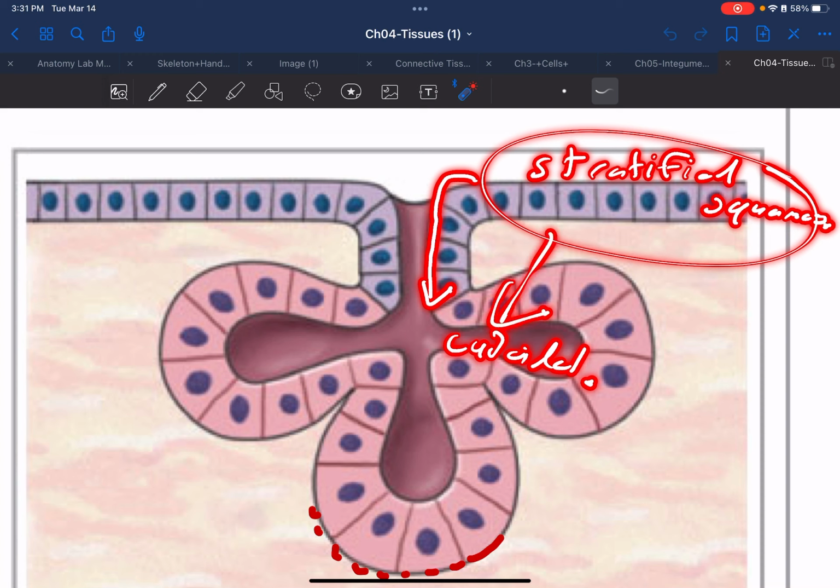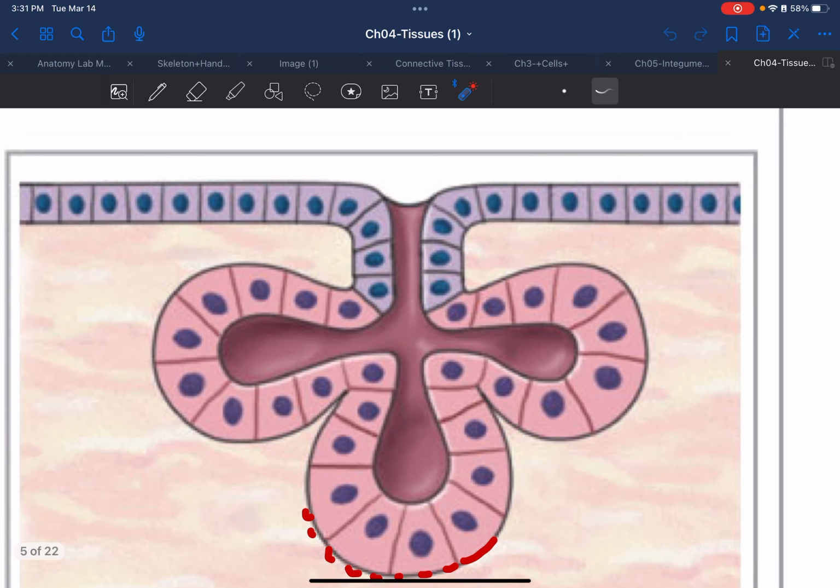Stratified squamous specializing in being a surface protective little guardian cell, and cuboidal serving as a secretion cell. So they change in functionality.